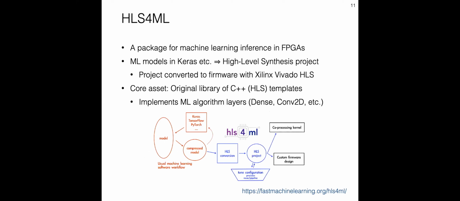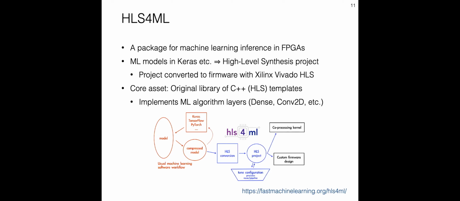This rather complicated balance between different metrics can be made easier for physicists by a package called HLS4ML. It's a package for machine learning inference on FPGAs. It translates machine learning models in Keras or PyTorch into high-level synthesis projects.